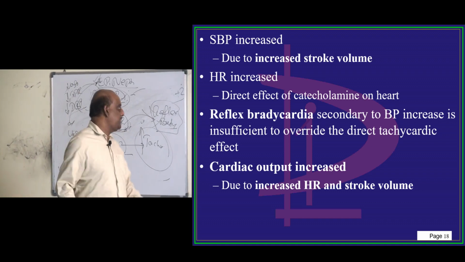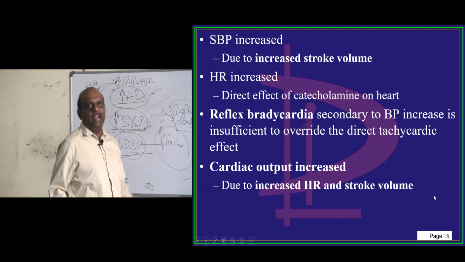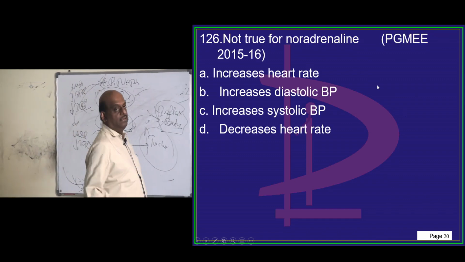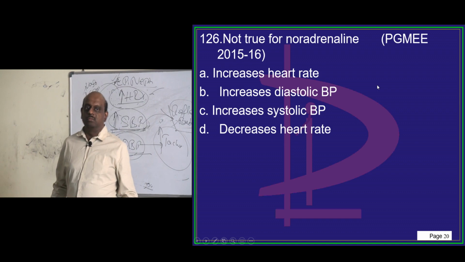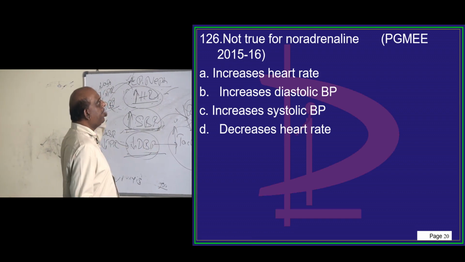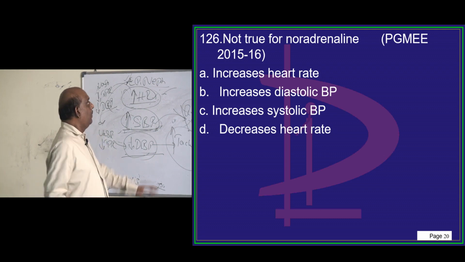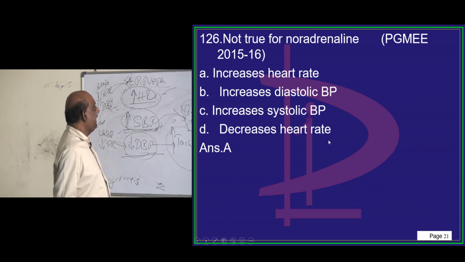So cardiac output is increased, increased heart rate. These are all the features of epinephrine. Now, what is not true about noradrenaline? Norepinephrine is different from epinephrine. What is true about noradrenaline?